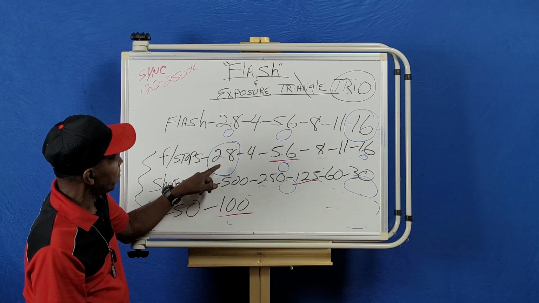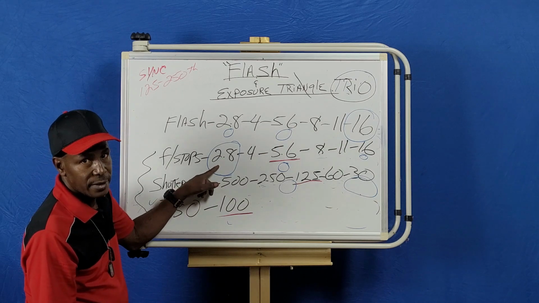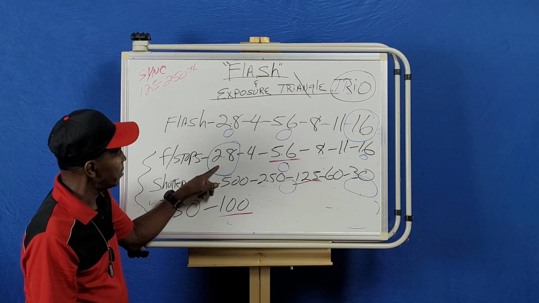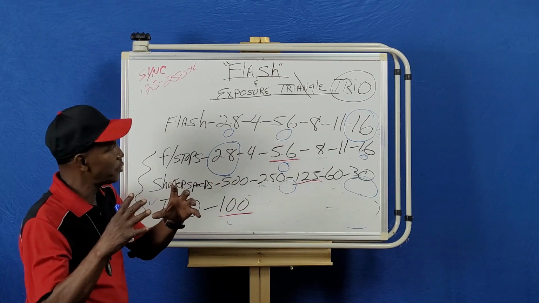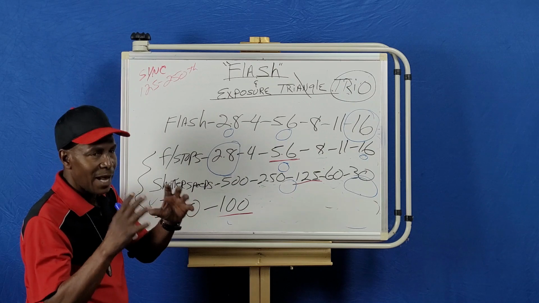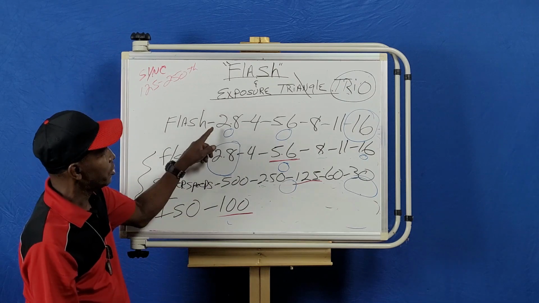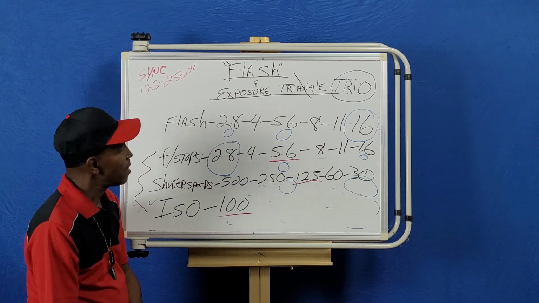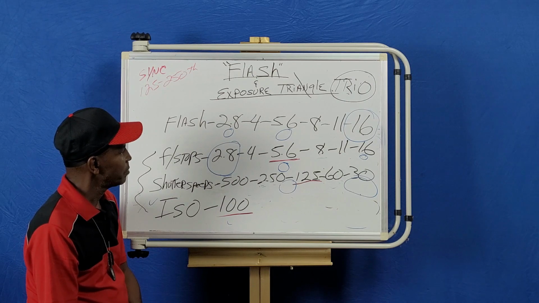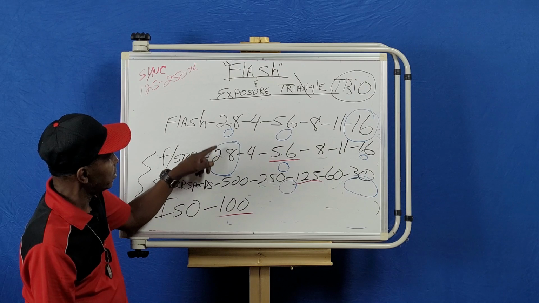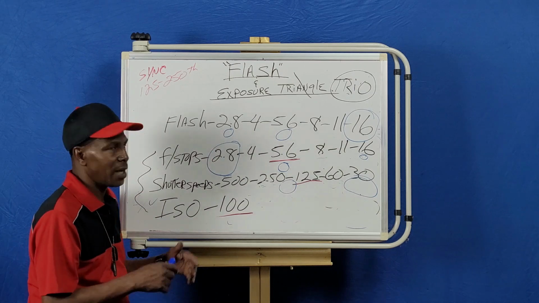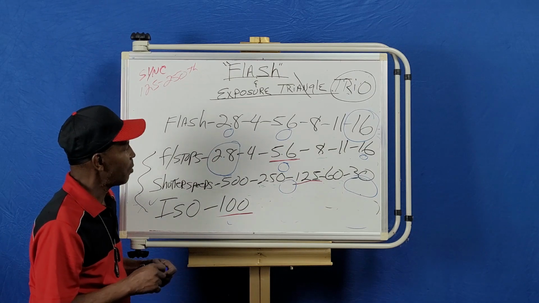So if you're wide open at 2.8 on your camera, you're letting in a lot of light. If you're letting a lot of light in on your f-stops, you don't need a lot of light on your flash. So if you're at 2.8 on the camera, 2.8 on the flash, it's almost like a one-to-one output reading.